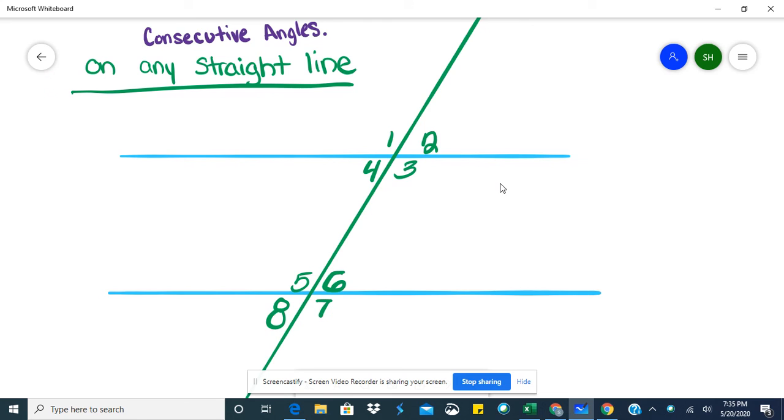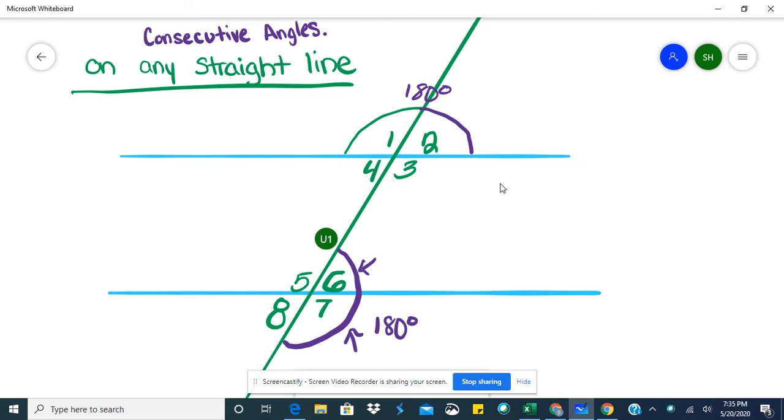So angle 1 and angle 2 are consecutive angles because if you add this angle to this angle, you will get 180 degrees. 6 and 7 are also consecutive angles because if you add this angle to this angle, you will get 180 degrees.